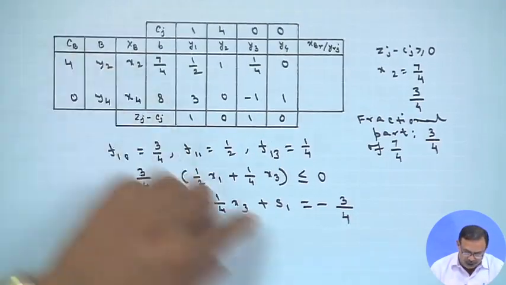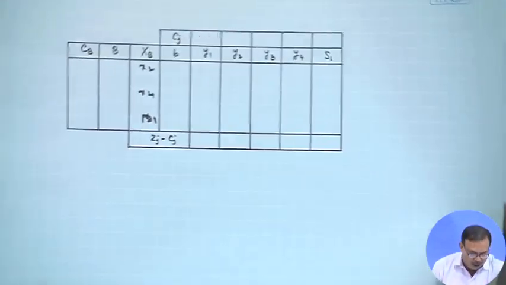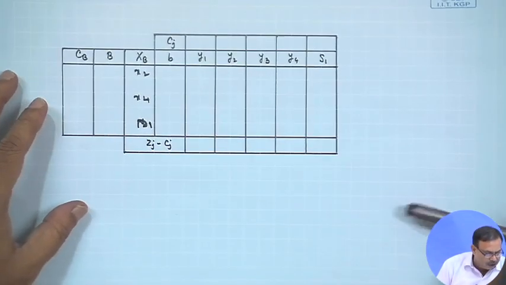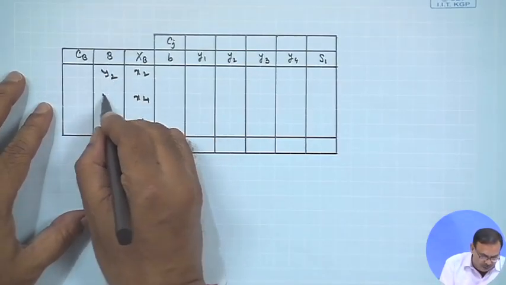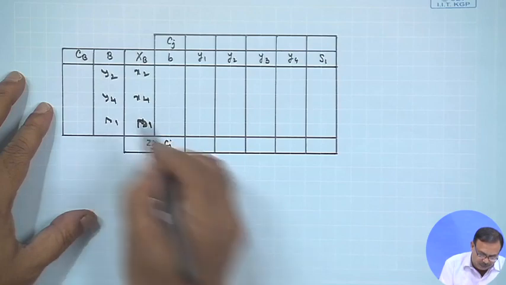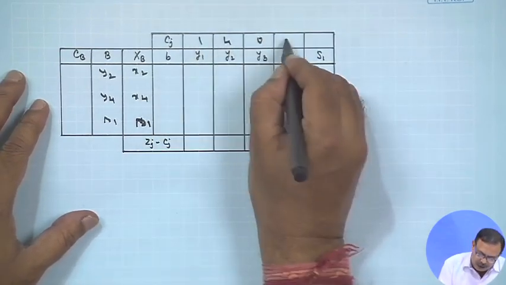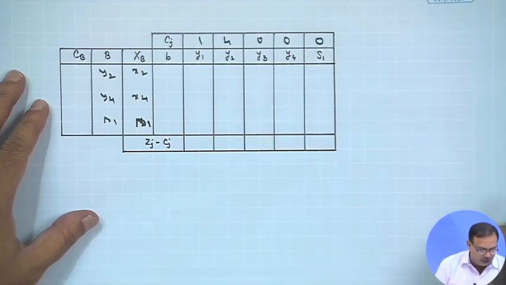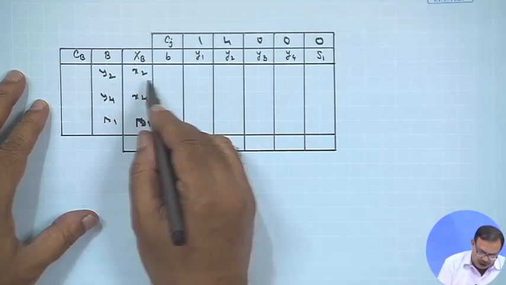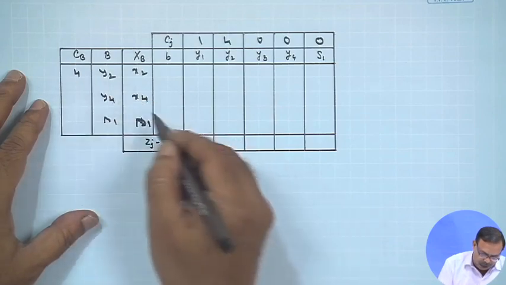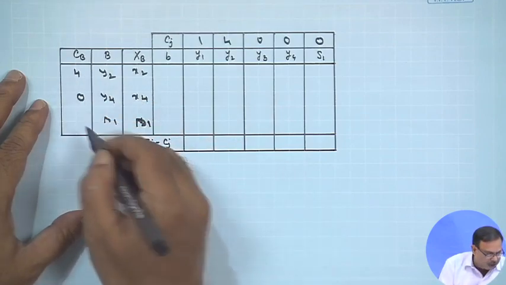So, once I do this, it will be y2, y4 and s1. Cj values are 1, 4, 0, 0, and corresponding to the slack also it will be 0. So, y2 is 4 and x4 is 0, s1 is 0.